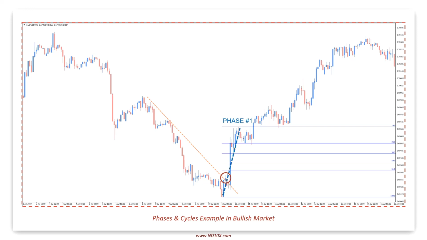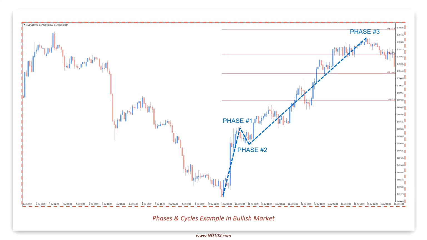So I would label a high as the phase 1, then a pullback as the phase 2. And if price continues to move lower, I would continue to extend my idea of this still being the phase 2. And after that, we are looking for the phase 3.